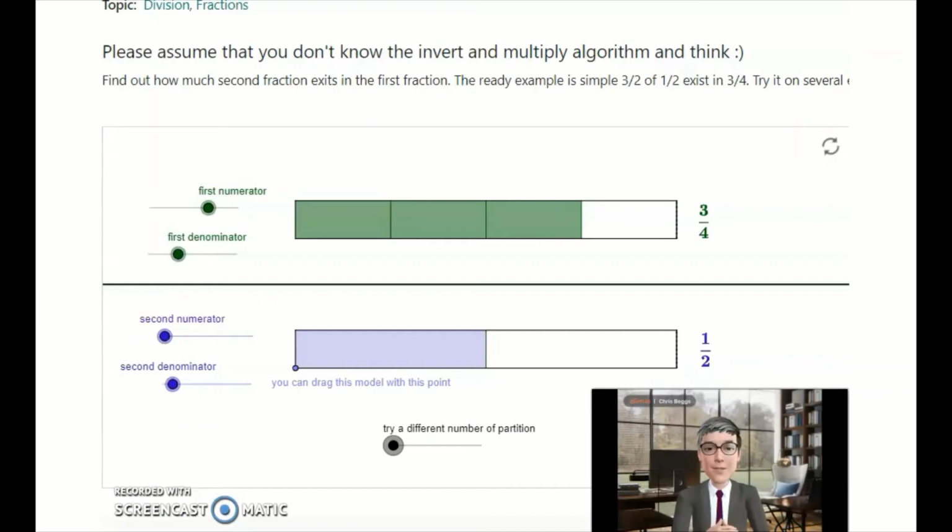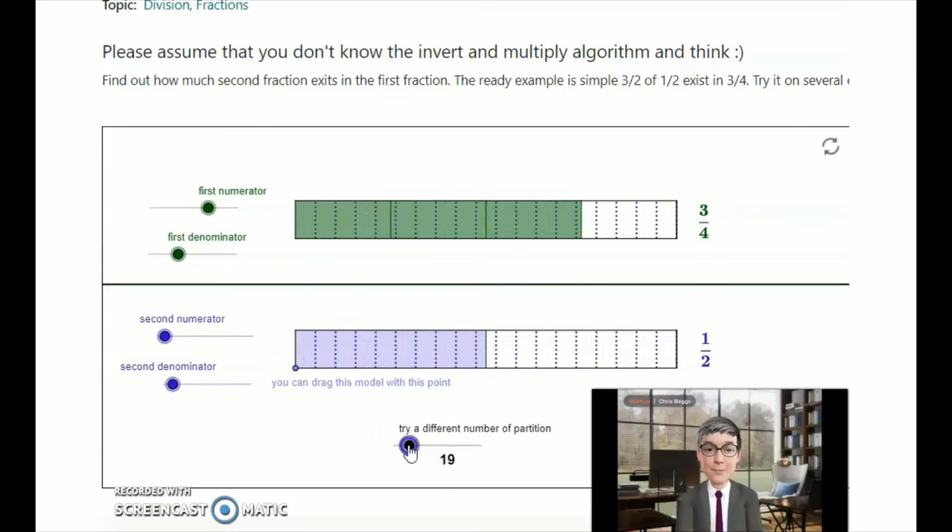So this is dividing one fraction by another. So if I'm going to divide 3/4 by a half, we're asking how many times does a half fit in here? And I think you can see that it's going to be one of these plus another half of these, but let's try.